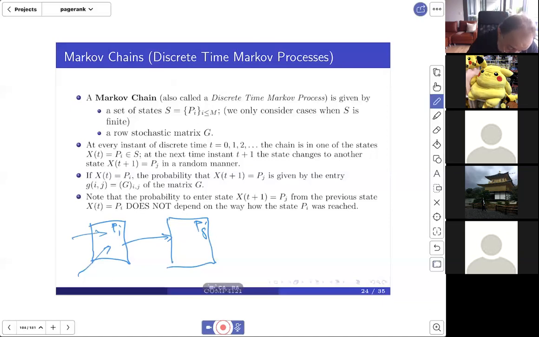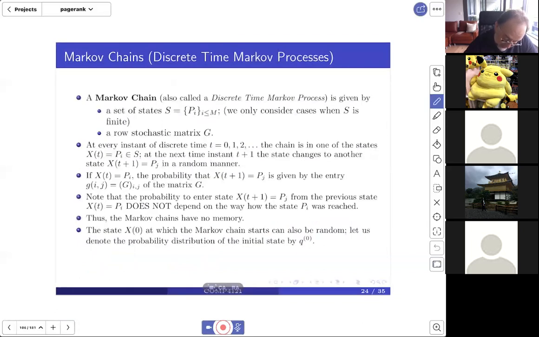It only depends on whether there is a hyperlink from pi to pj or not. So the transition between the states of a Markov chain is completely local, memoryless. When the Markov chain changes from one state into another, the probability depends only on what state you are in and what state you are going to, without any reference to the past history of the Markov chain.